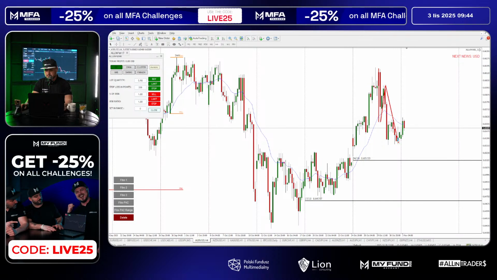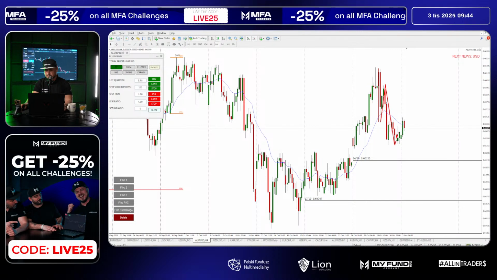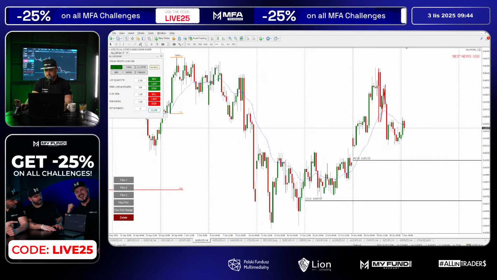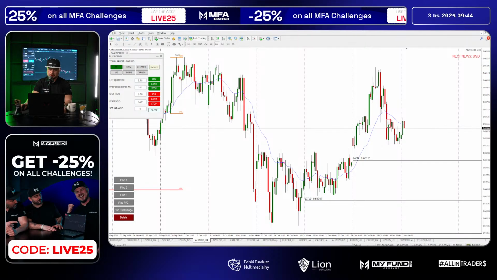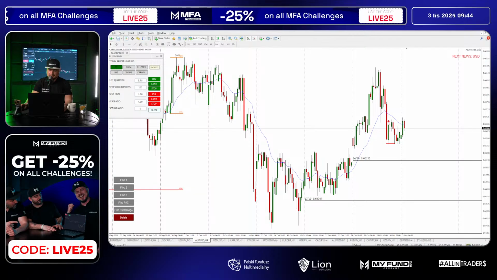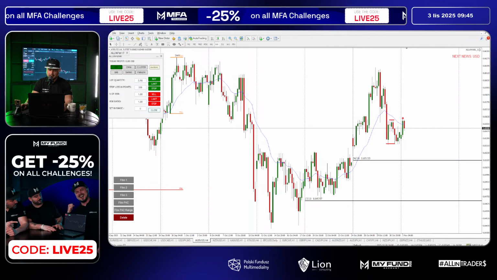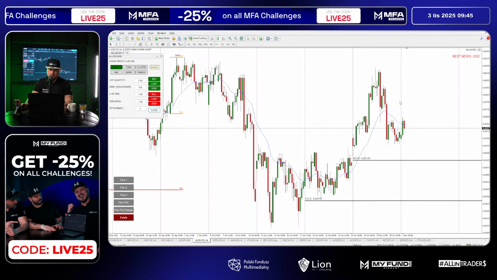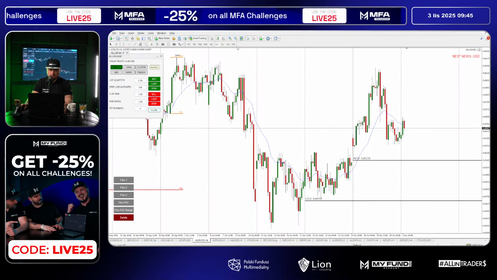So market structure is looking bearish at this moment. Yes, I can say it's bearish. I'm not sure over here. We might have a swing over here, and we got a breakout right here, which can change our direction.